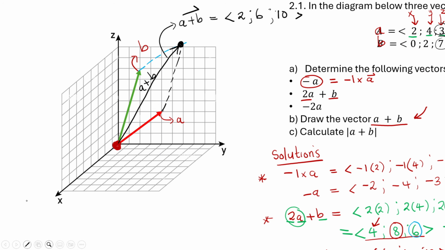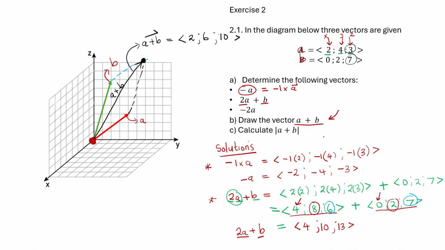And then now, what is the magnitude? The last question says calculate the magnitude of a plus b. Now they want the size of the resultant, because we have written the resultant in the form of its components: the resultant vector is a plus b and the components are 2, 6, and 10.